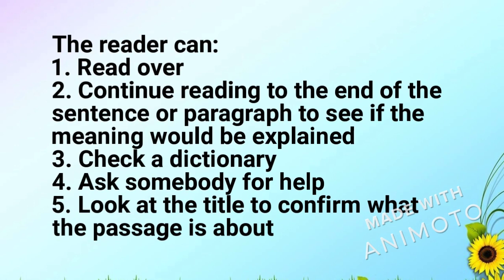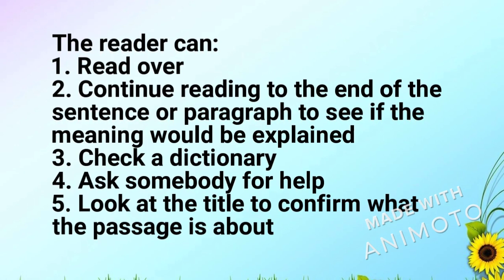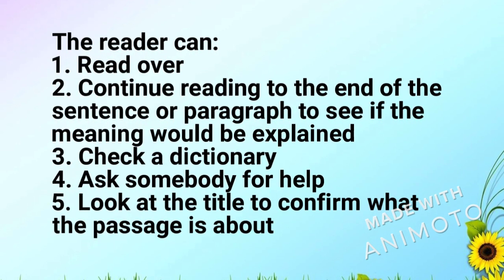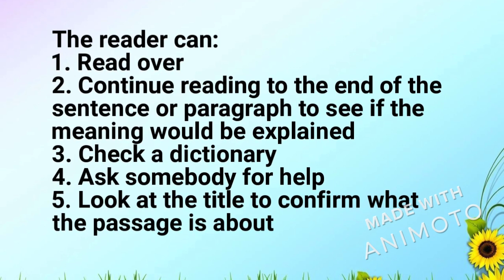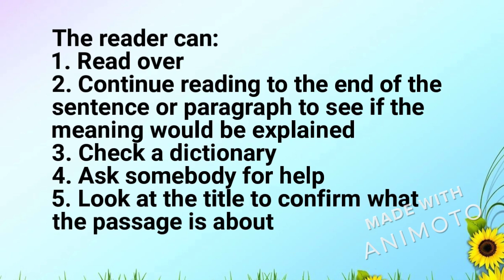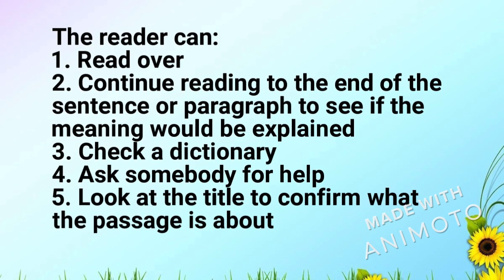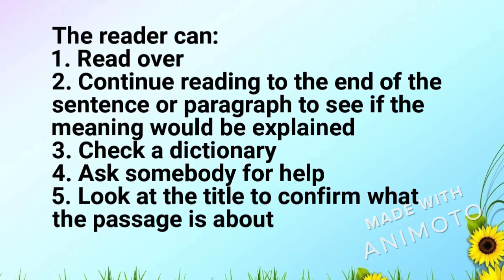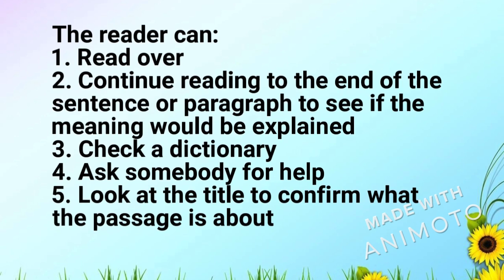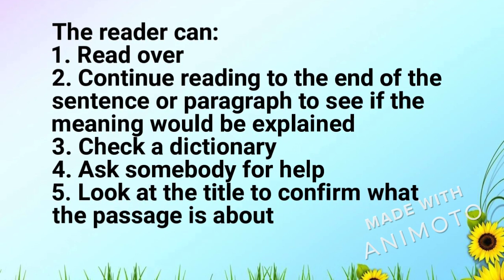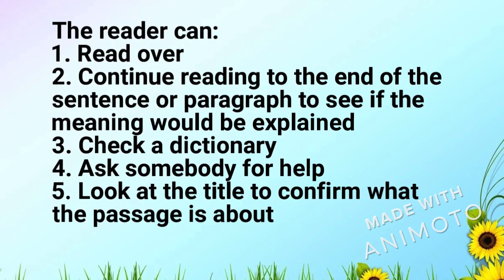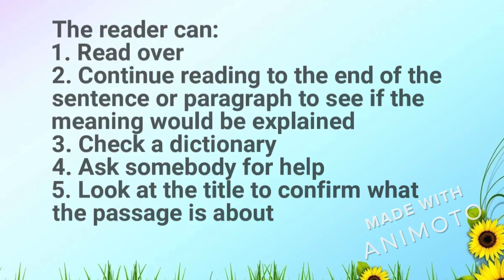Because the reader has stopped understanding, he may want to read over, continue reading to the end of the sentence or paragraph to see if the meaning would be explained. He may also want to check a dictionary or ask somebody for help. He may also go back to the title to confirm what the passage is about.